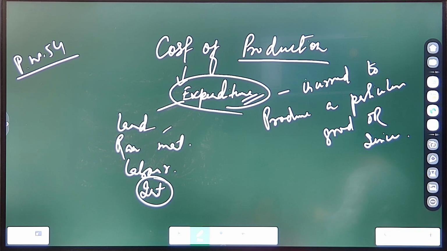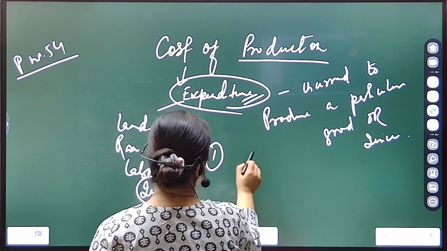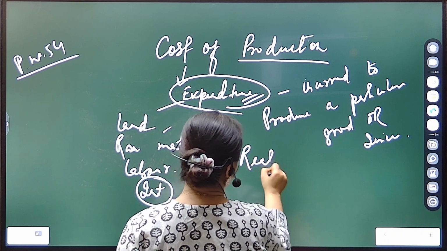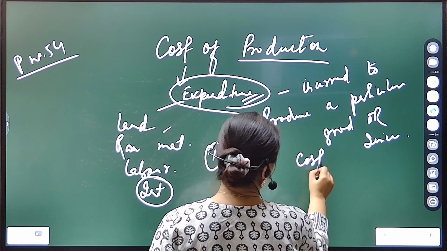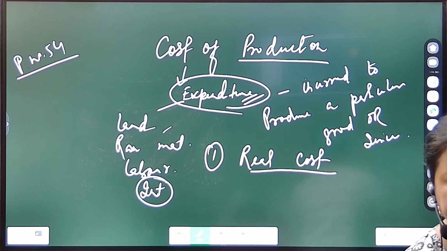So here you can see the types of cost. The first one, you can see, real cost. Number one type of cost, the first one we will discuss is real cost. So you refer to your study material and underline.